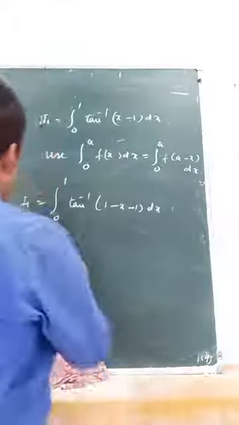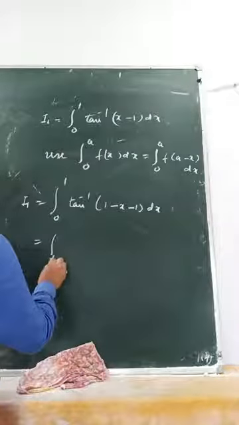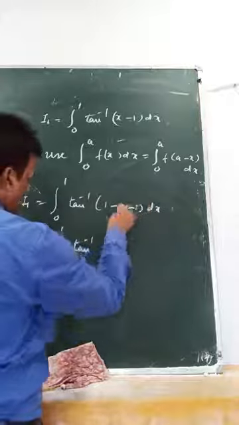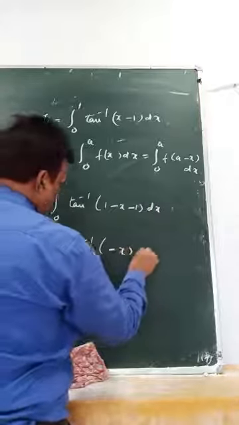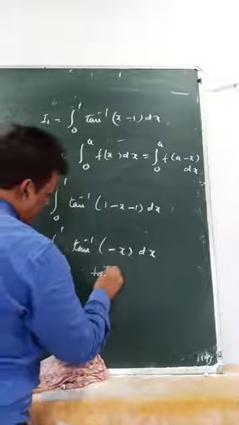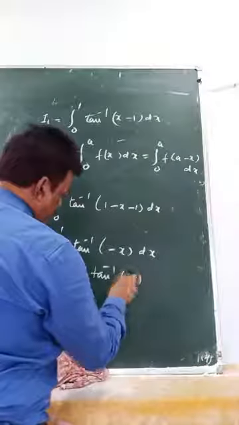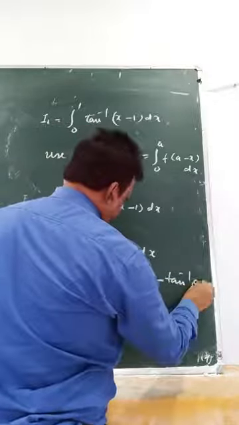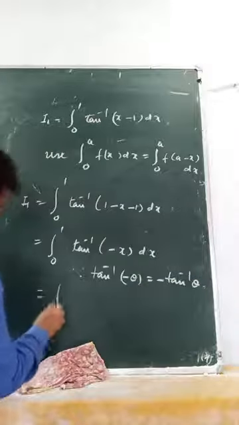Okay, that is 0 to 1 tan inverse, the 1 cancels, minus x dx. What is tan inverse minus theta? Minus tan inverse theta. So it is 0 to 1.